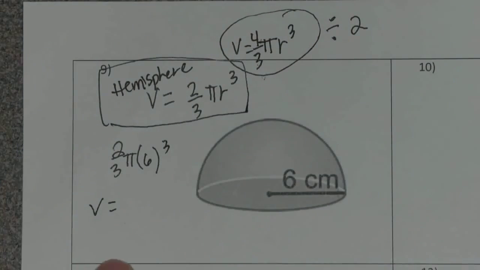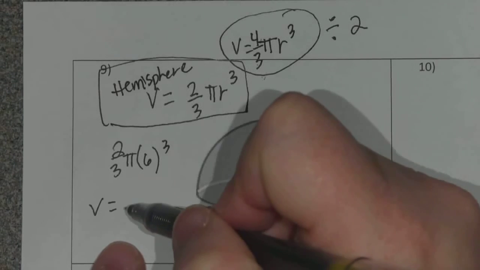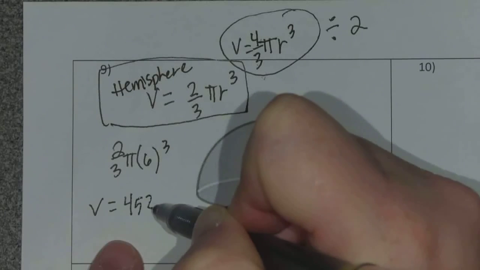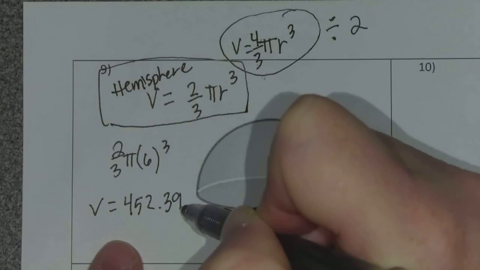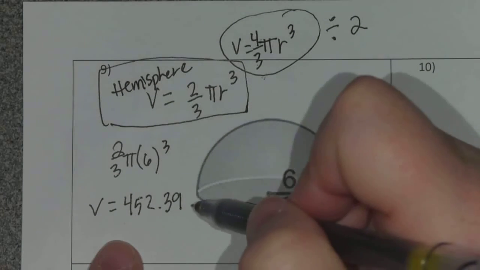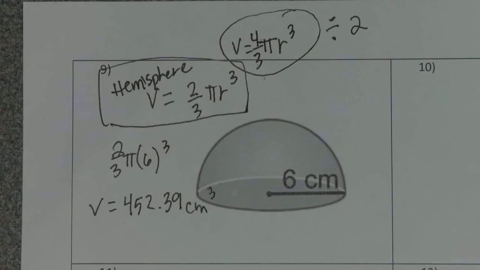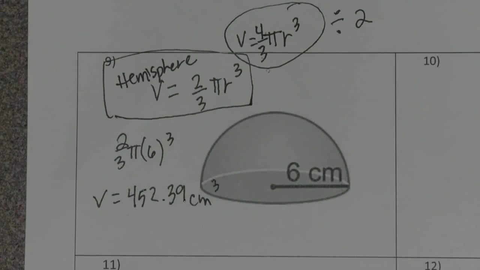So what's your volume of your hemisphere? What did you say, 452? Is that what you said? 0.39 if we're rounding. Centimeters cubed. Okay. Questions on how we did that?